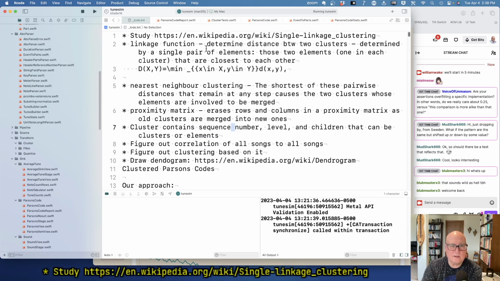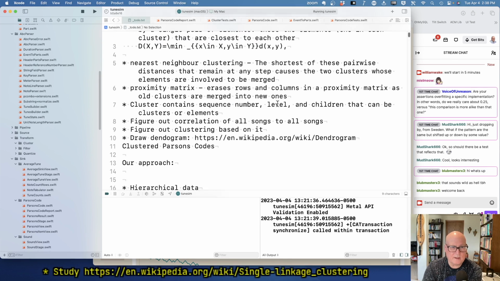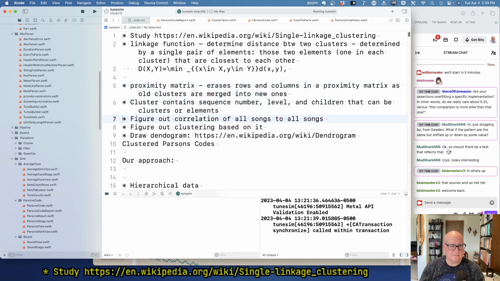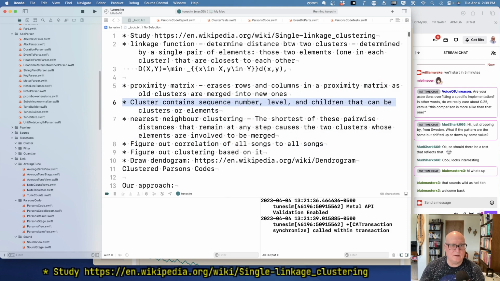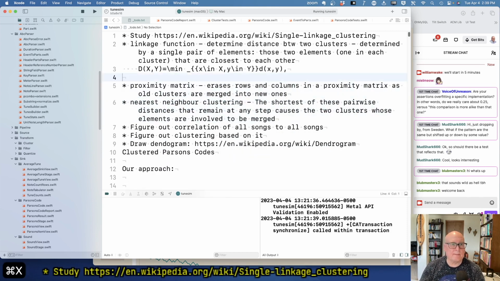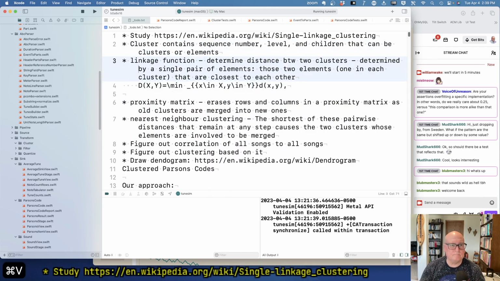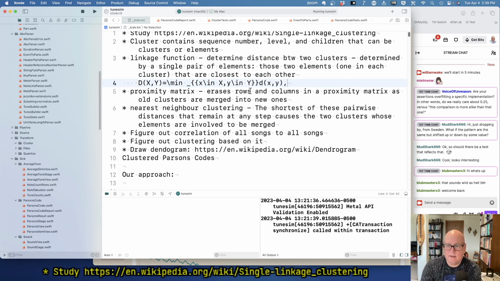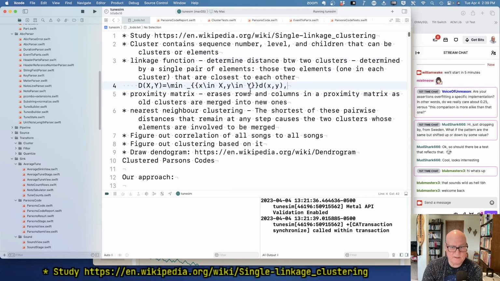And we've got distance stuff that we can work out. This proximity matrix, I guess that comes before the algorithm. I'm almost in the opposite order. Okay. This is unusual for me.